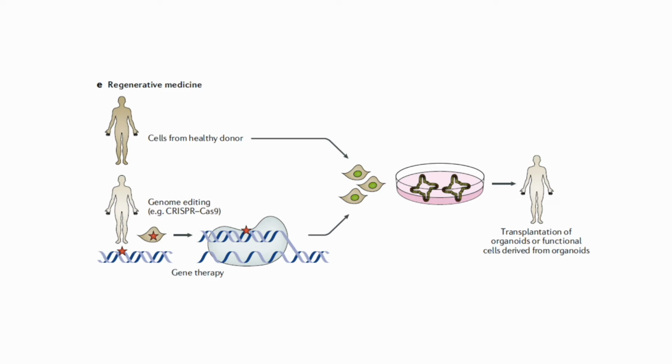And we would then be able to correct this mistake in the genome of this patient, and then grow its corrected respective organ and transplant it into the patient that it was derived from. So these were some of the approaches for how organoids can be used in the future.